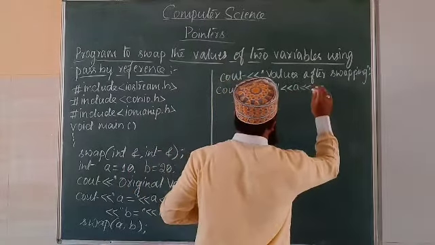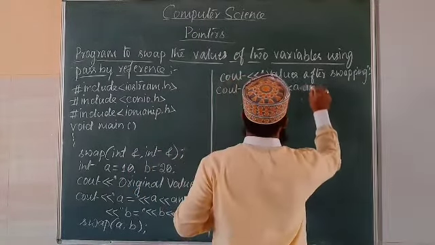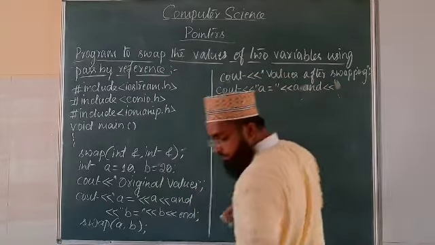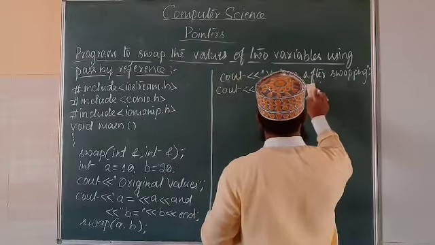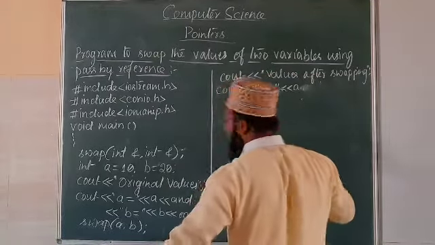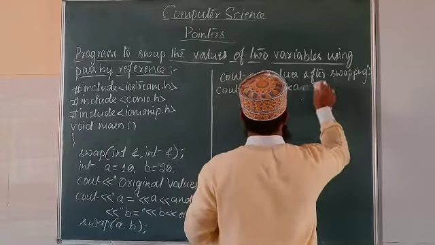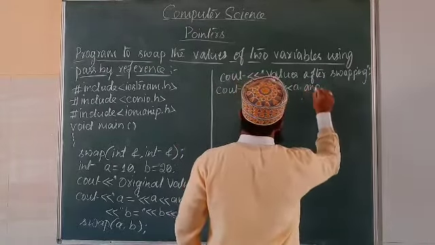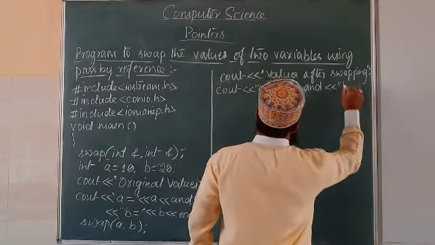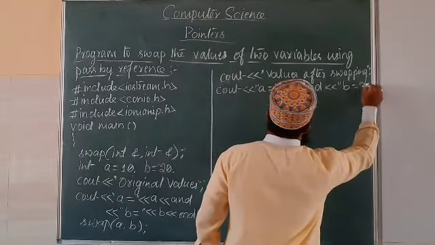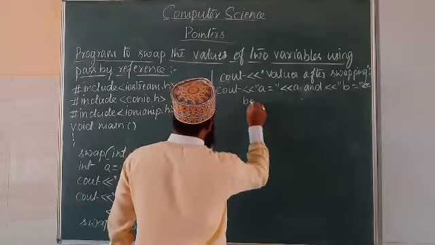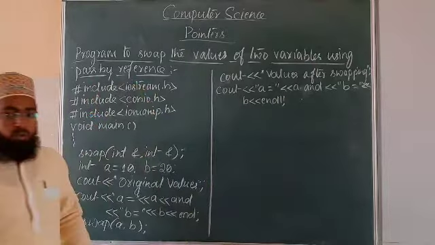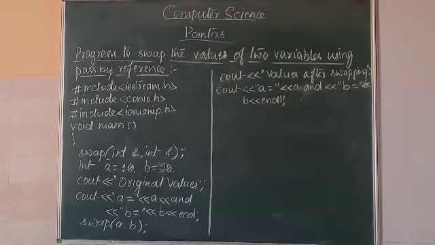And one thing, B. And then B equals, then B after that, and F. Hope you have understood this up to here.